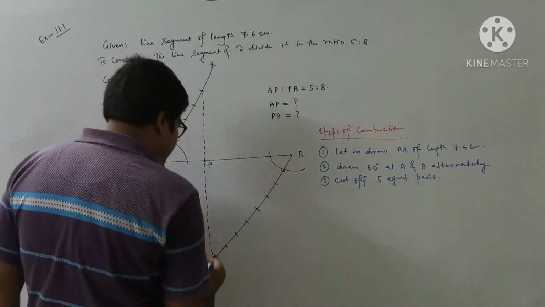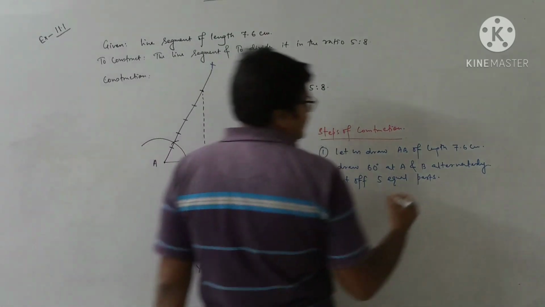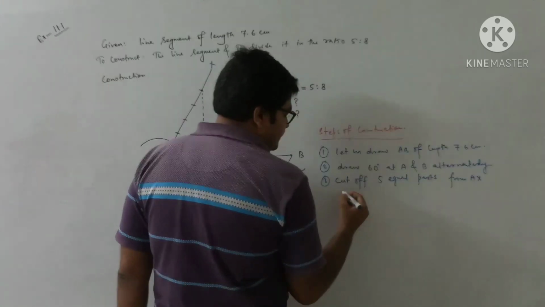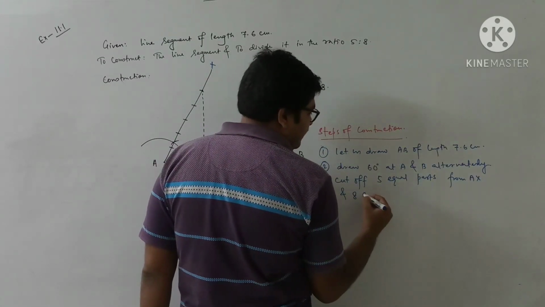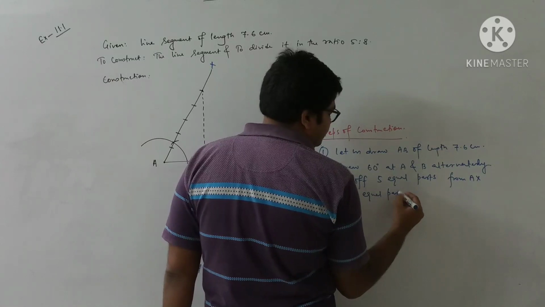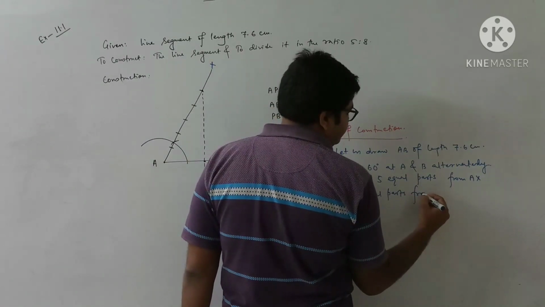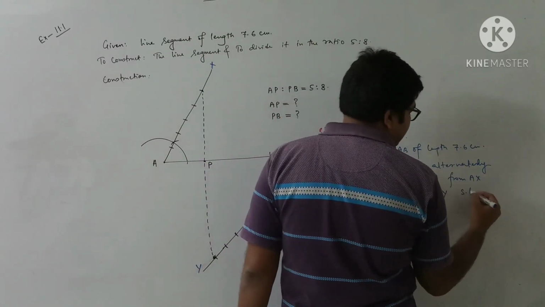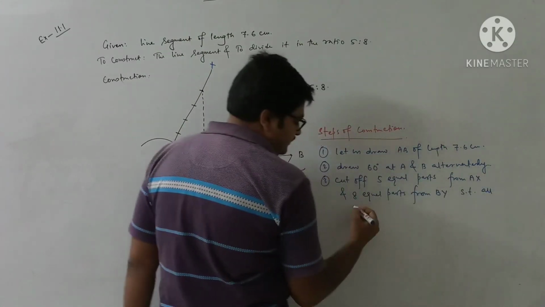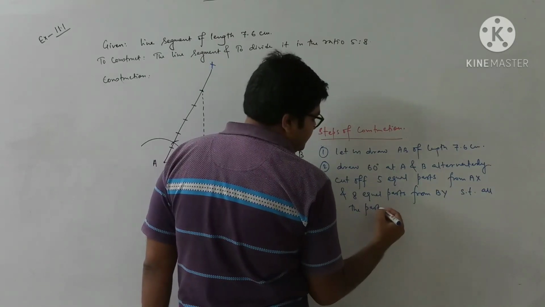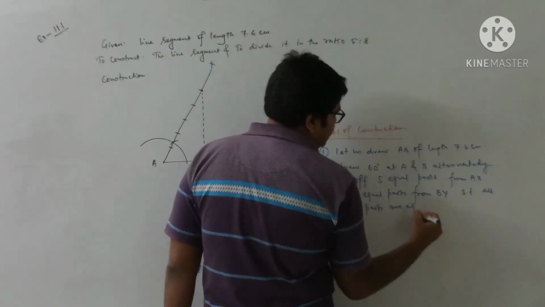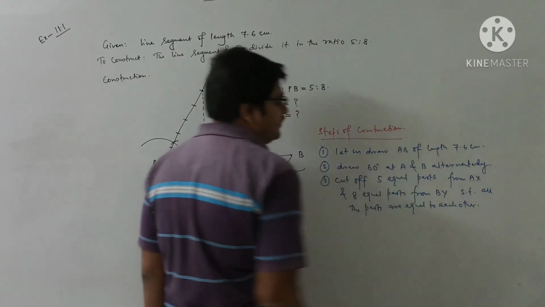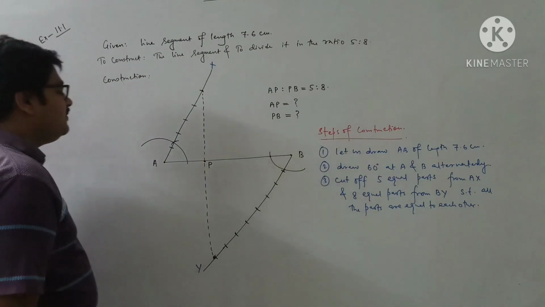Cut off 5 equal parts from AX, here B1, and 8 equal parts from BY, such that all the parts are equal to each other. What does it mean?